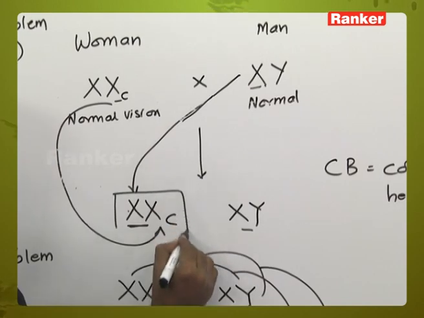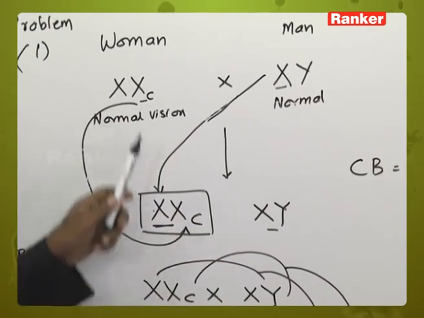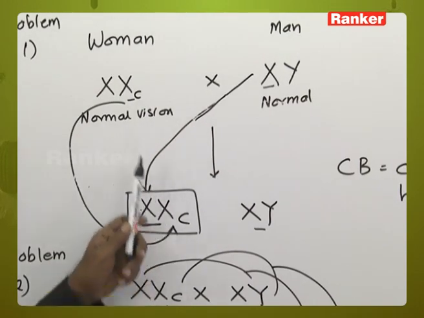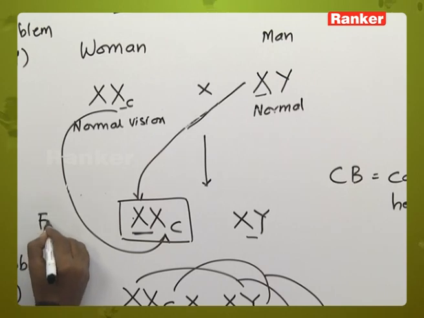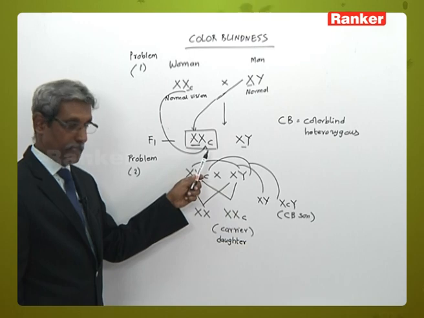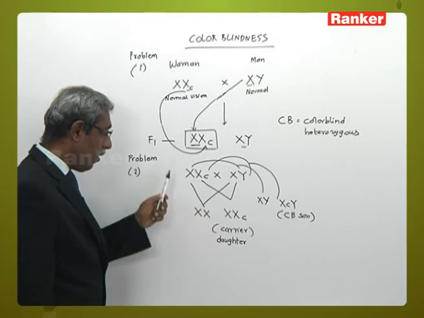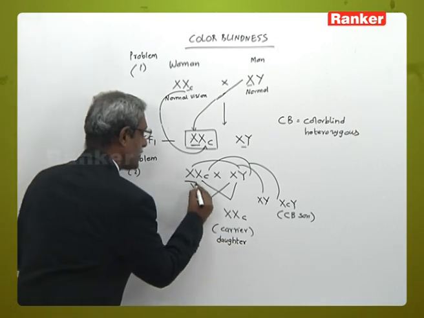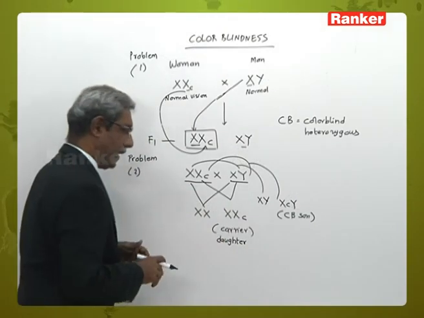So a problem could ask you how is the inheritance pattern with relation to color blindness in relation to any particular woman, and what is the situation in the F1, or what is the situation with relation to the daughters. Now we understand many times in the offspring we have an XXC, that is a daughter, or the son, which is XY.